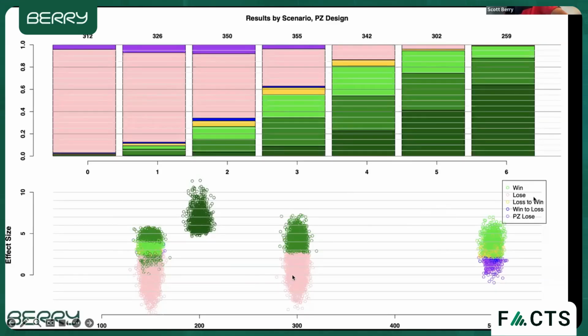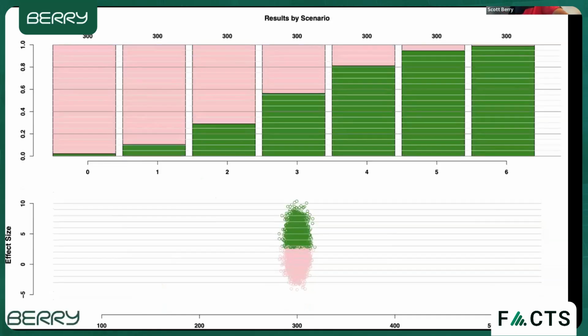You lose the trial if it's pink. If it's yellow, you turn what would have been a loss. Sorry, I'm comparing this to a fixed 300 patient trial. So the first thing I'm going to show you what happens if you just run a 300 patient trial. That was the original trial.